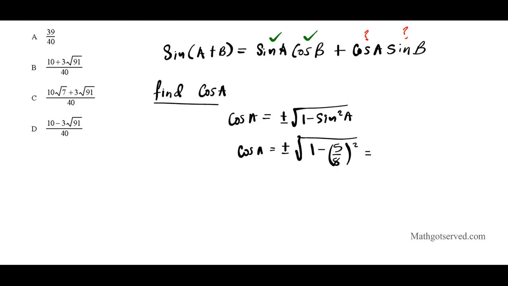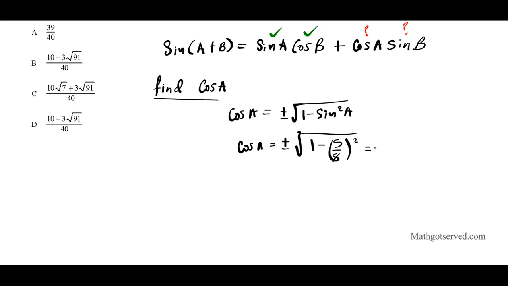Now we're going to do some arithmetic to find out what cosine A is. We have plus or minus, we don't know the sign yet, the square root of 1 minus 25 over 64. Express 1 as a fraction, 1 over 1. To find the LCD, we'll multiply by 64 top and bottom.